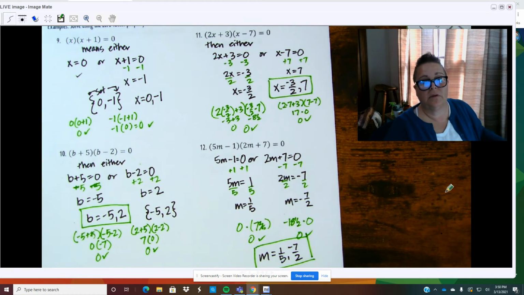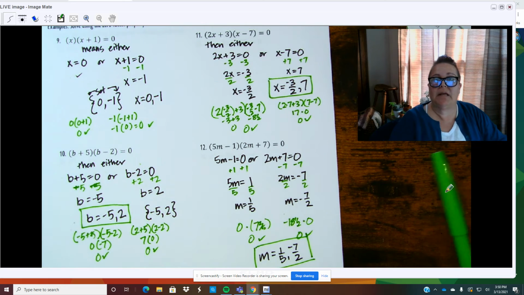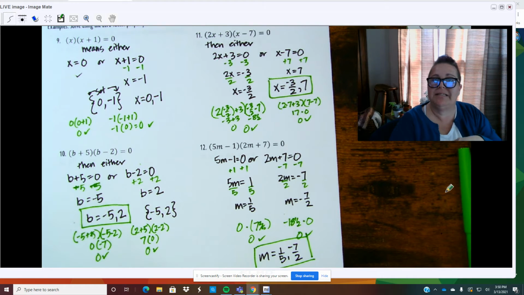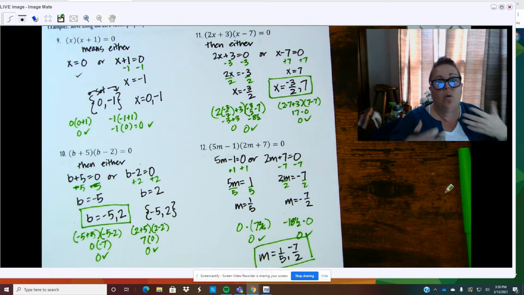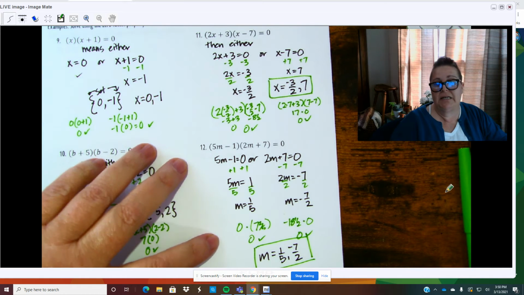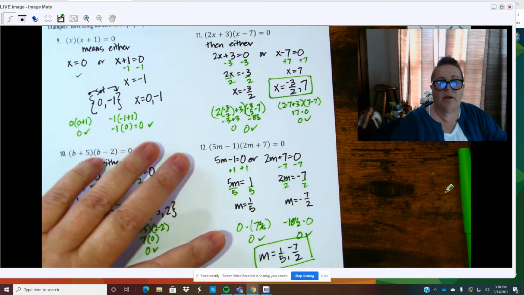Okay, good. That's the zero product property. If two things are being multiplied together to be 0, either the first part is 0 or the second part is 0. When we're doing our algebraic factors, those could be very simple statements like in number 9, and they're just really quick to figure out what the zeros are. Or they could be a bit more complicated like in number 12, right?